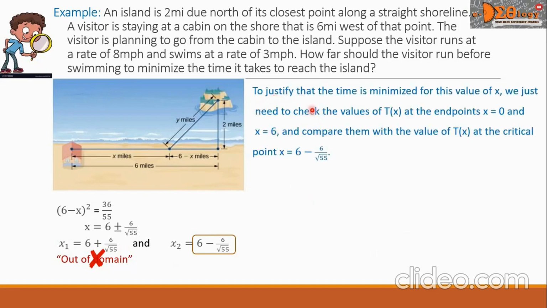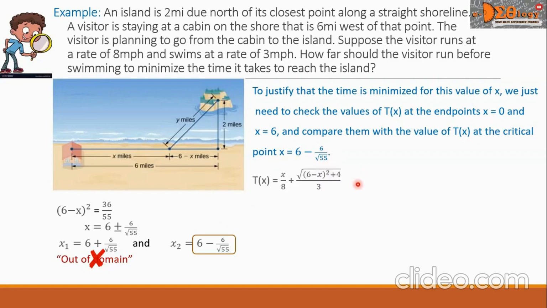Now, to justify that the time is minimized for this value of x, we just need to check the values of the function capital T of x at the endpoints, that is x equals 0 and x equals 6, and compare them with the value of the function T of x at the critical point x equals 6 minus 6 over the square root of 55. This is the value that we derive here.